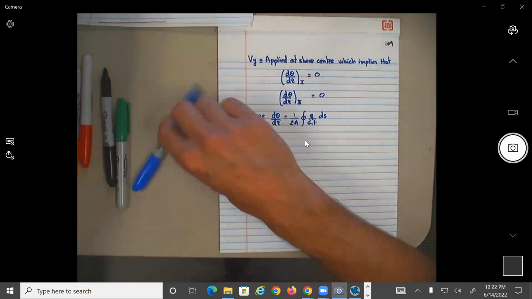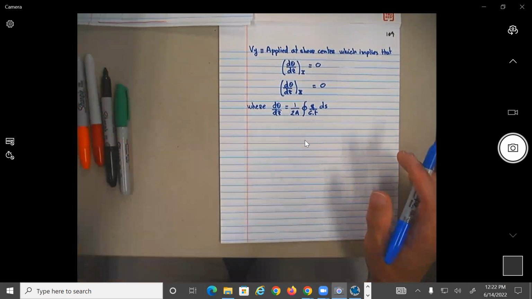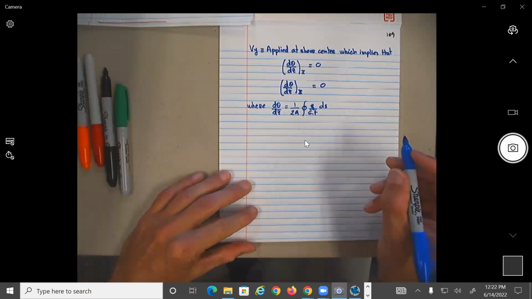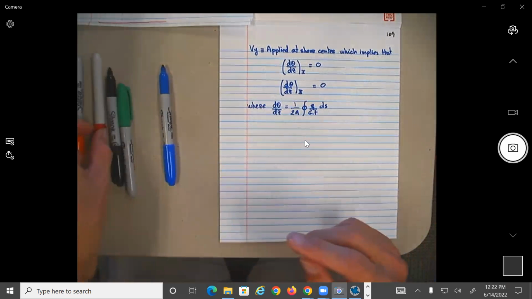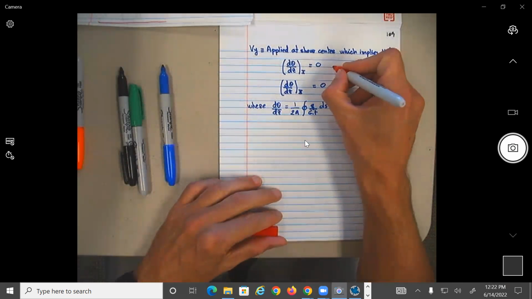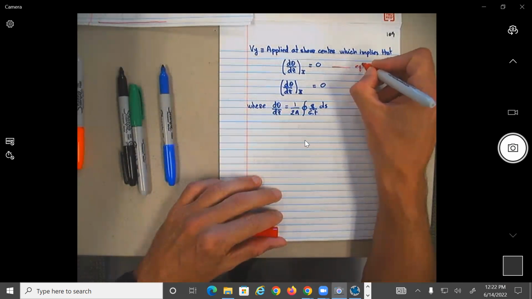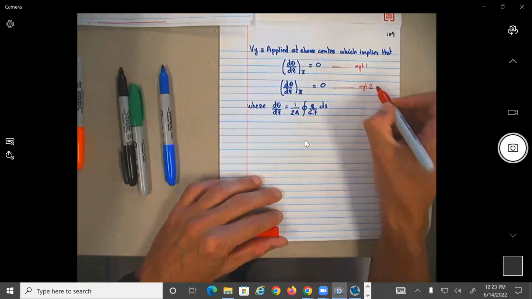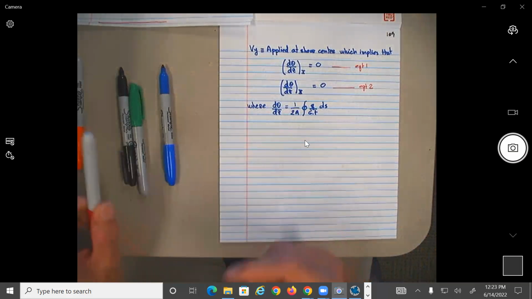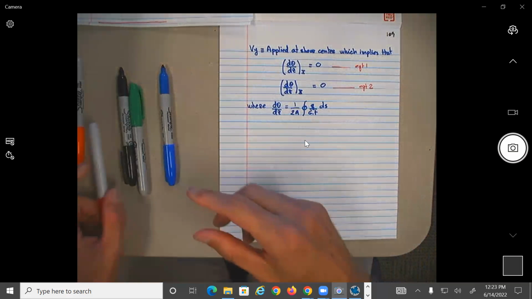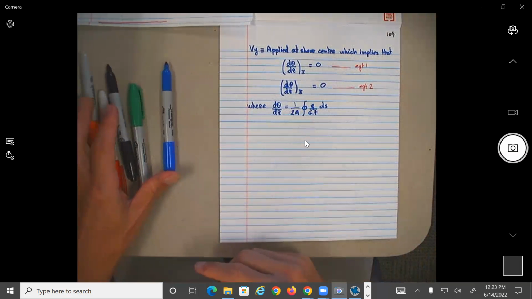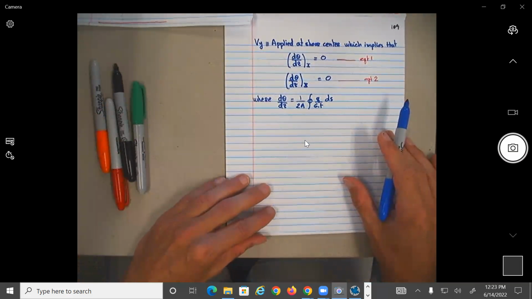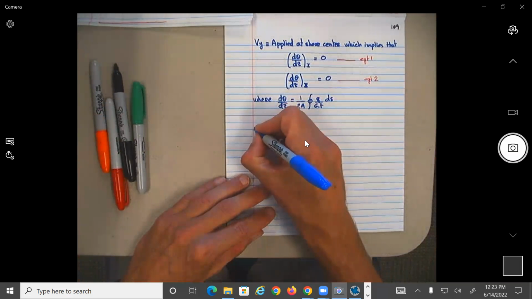Basically, we're going to have one equation, so let's say this will give us equation 1, equation 2. Okay, let's see. All right, so let's write it down.